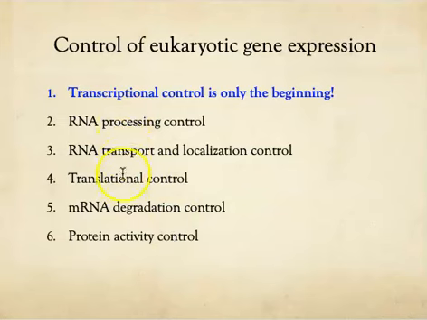So each one of these steps in the production of protein gets regulated by cells. The control of transcription is critical, but it's only one spot in the pathway to producing protein. It's only one of the ways that cells regulate the expression of their genes.